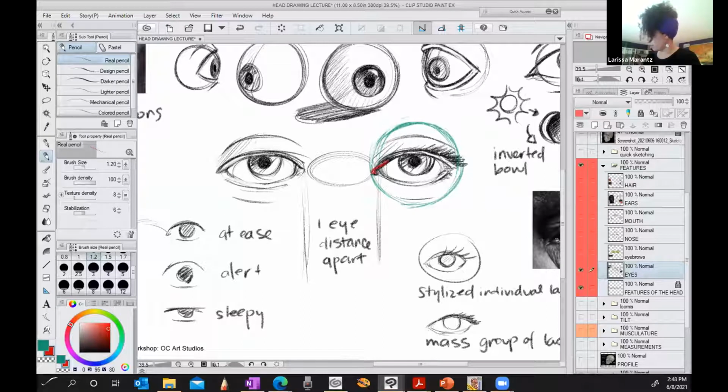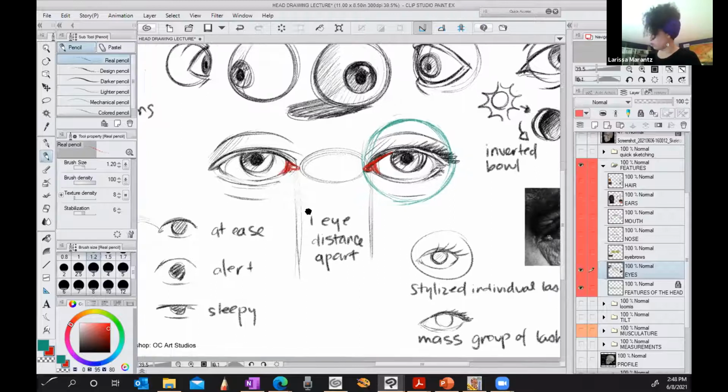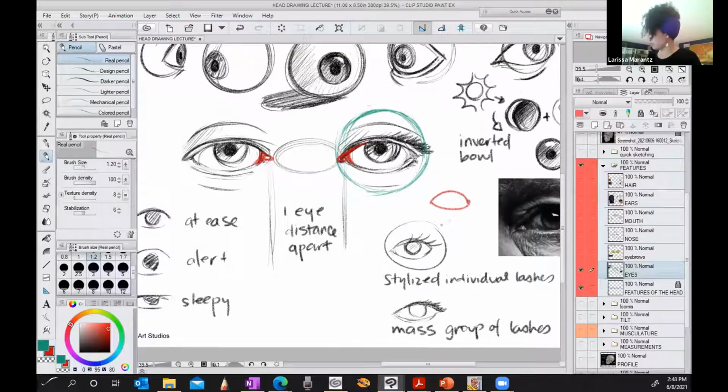But what we have here is the tear duct, and then this kind of angle that comes up here. This becomes a little bit more pink. It comes in around like this. You never want to draw an eye like this, okay? This is bad.